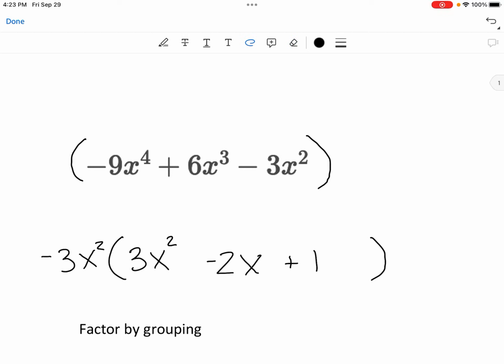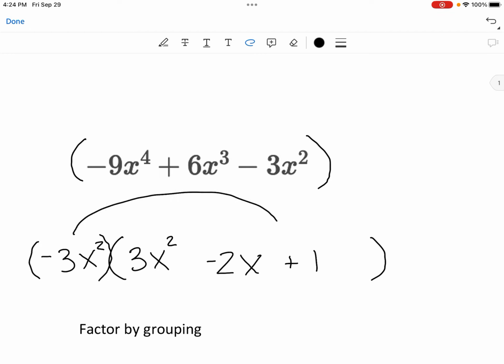But to check ourselves, if you were to multiply, imagine this factor up here in the front as us being redistributed. That would be negative 9x to the fourth. And if we multiply that factor here, that would give us negative 3 times negative 2, which would be positive 6x cubed. That's great.